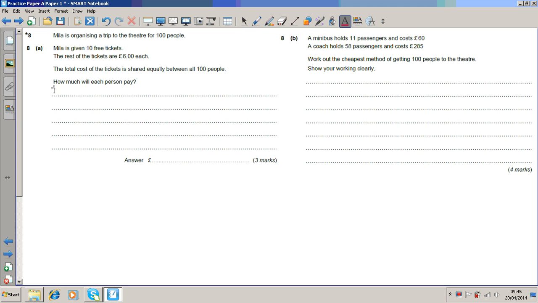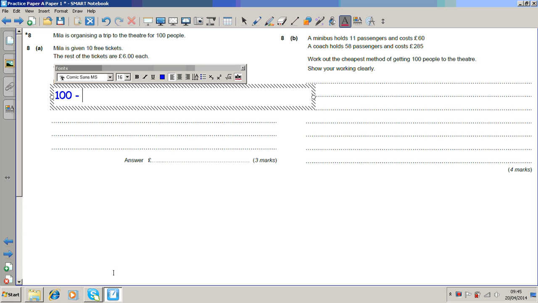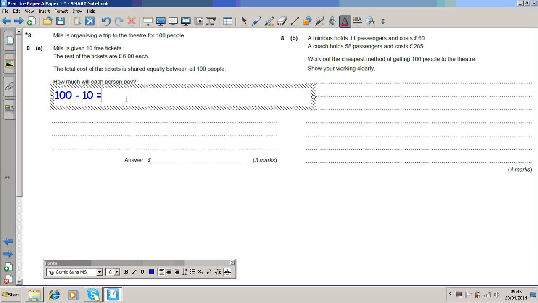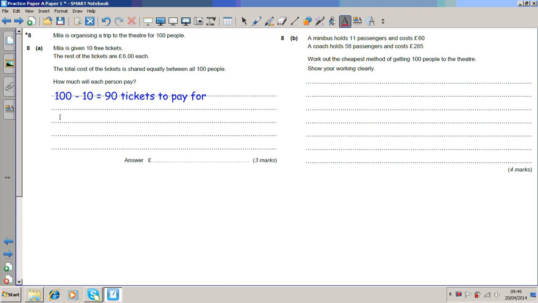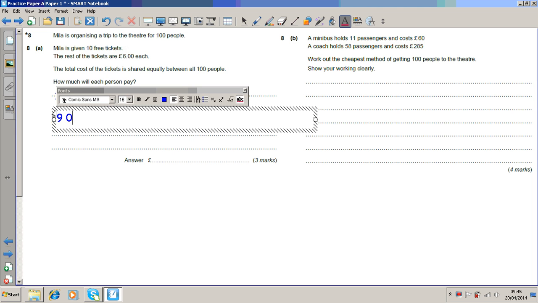Okay, so they need 100 tickets, and 10 of them are free. 90 tickets to pay for. So 90 times £6. Here's 9 times 6 is 54, so it's £540 to pay.